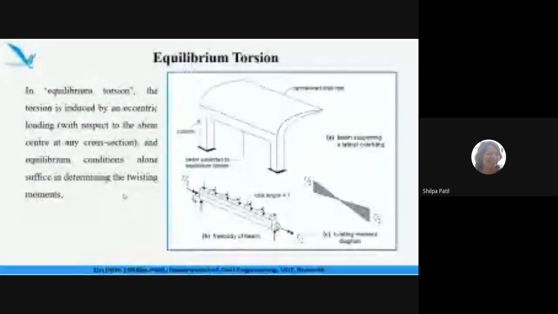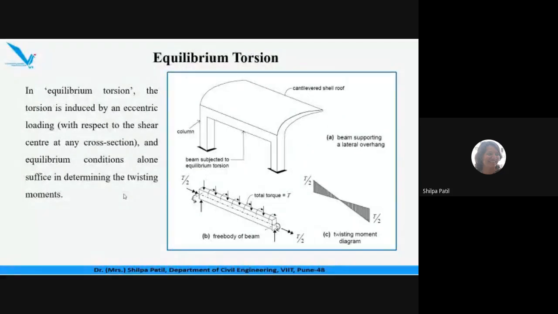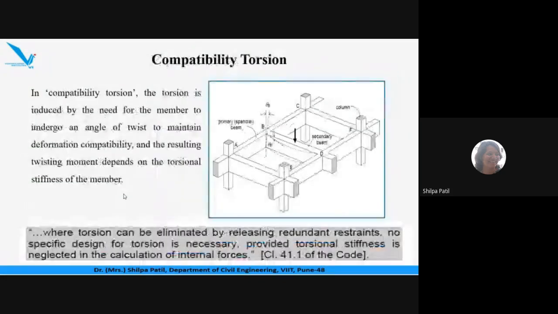Now all of you have already learned about the design of a rectangular section, singly reinforced beam. How the design of a beam subjected to torsion differs from the design of a singly reinforced beam, that we will study now. Is the concept of equilibrium torsion and compatibility torsion clear?